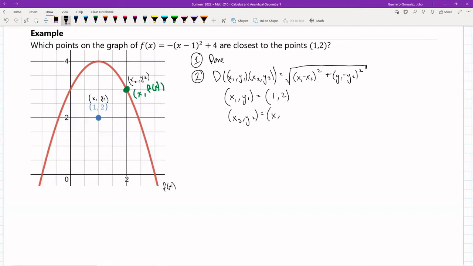So this is going to be an x, comma, f of x, which then turns into x, comma, I know what the function is, minus x minus 1 squared plus 4.